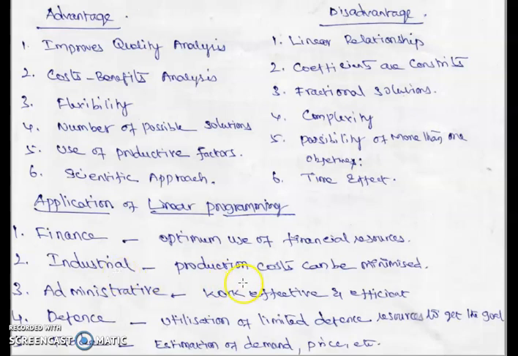Administrative, in any college office or other administrative office, to make work effective and efficient. Military defense, where LPP is used for utilization of limited defense resources to achieve goals. And trade and marketing, for estimating demand and price, etc.